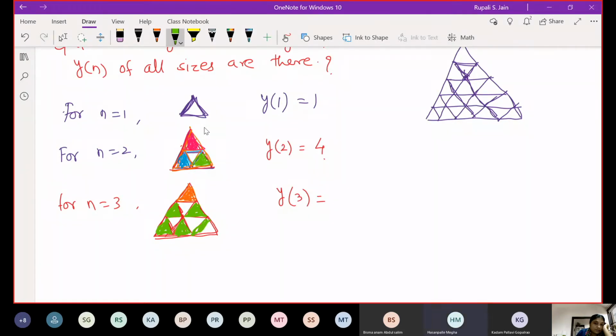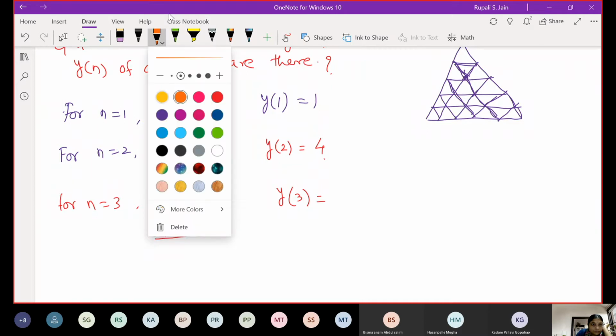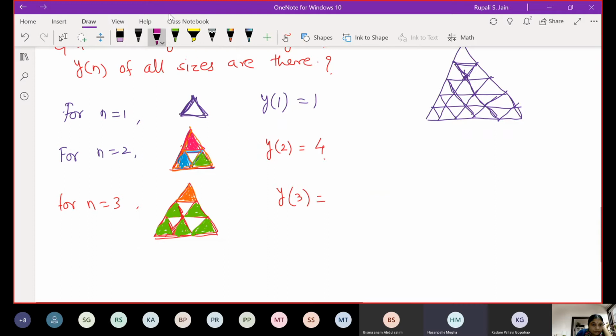This is sixth. Okay, now I will draw another color. Now this is also an upward pointing triangle of equal size, an equilateral triangle. This is the 7th one, right? 1, 2, 3, 4, 5, 6, 7th.